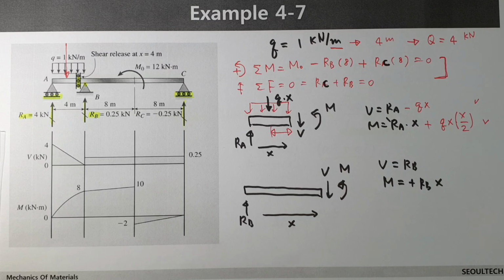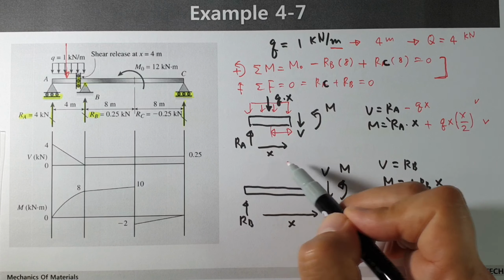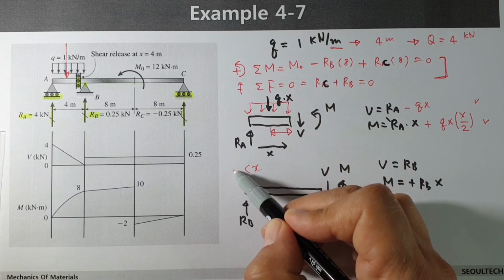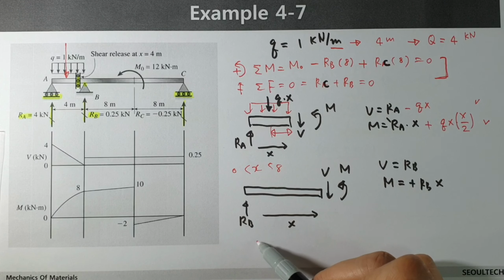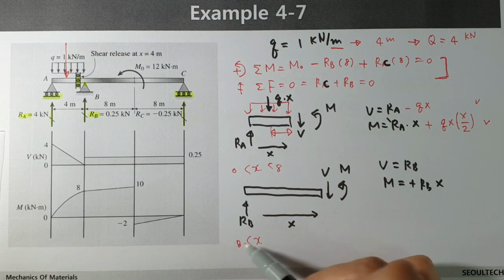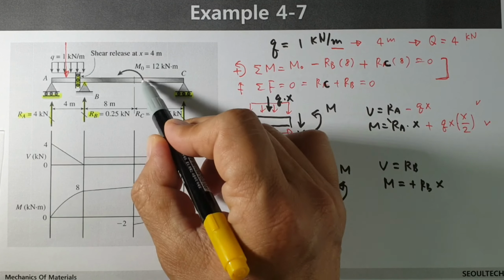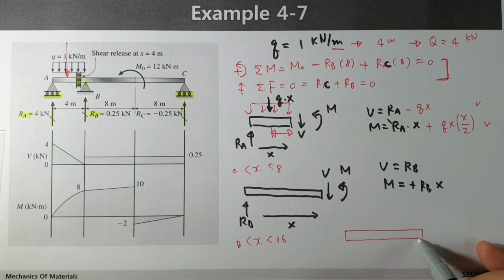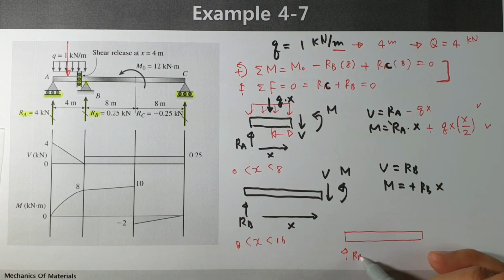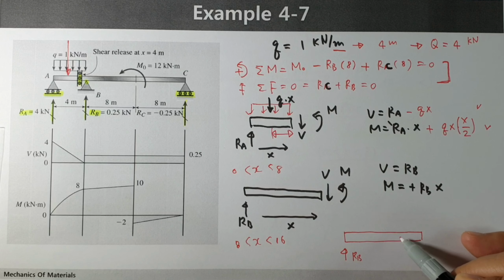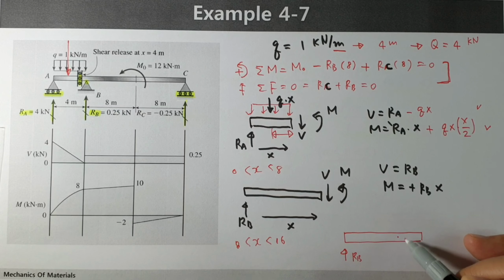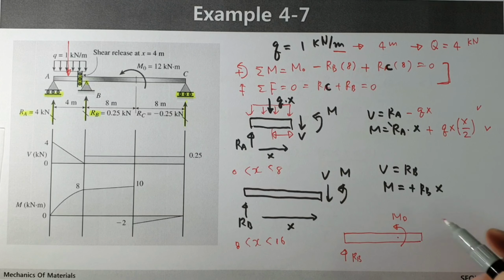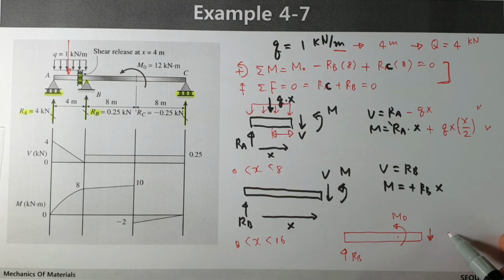In this case, just consider this range. When x is 0 to 8, when we consider 8 to 16, in this range, the free body diagram is different. Alp, and here somewhere this moment MO is happening, and this kind of V and M is available.